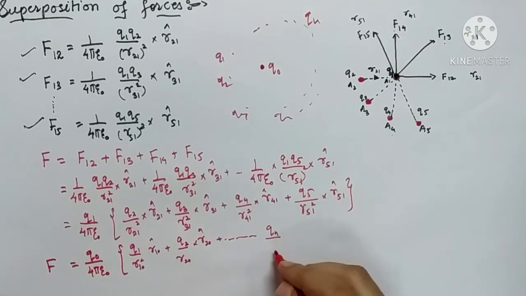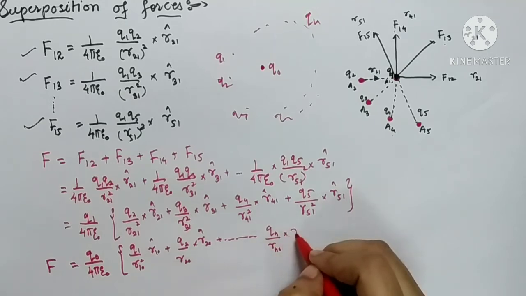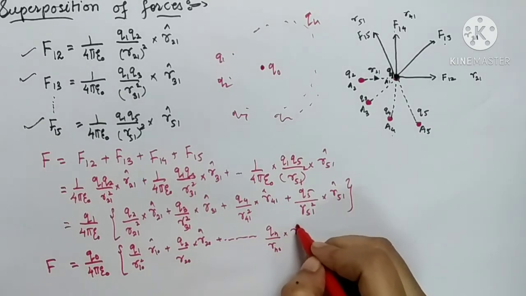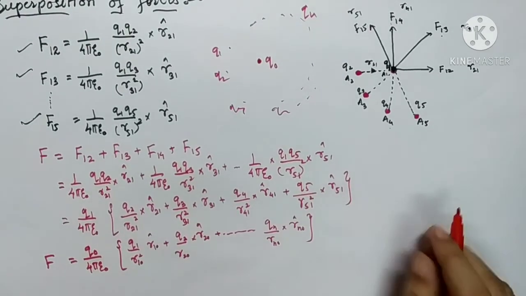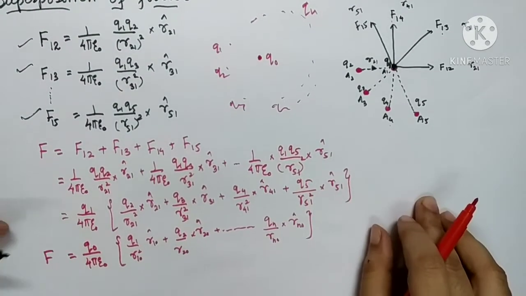Qn is also going to exert a force on the charge Q0. This would be the total force or the resultant force acting on the system of charges.